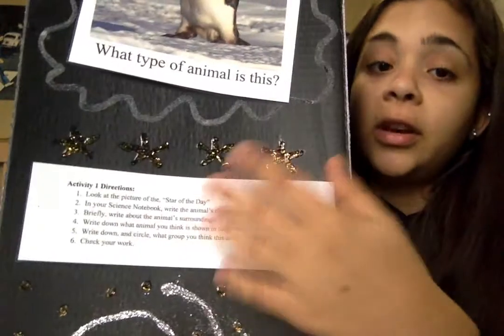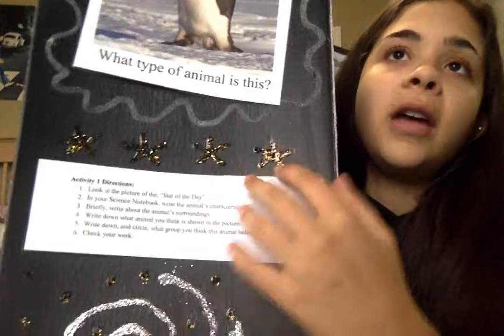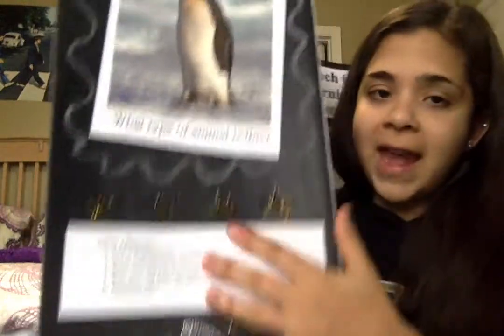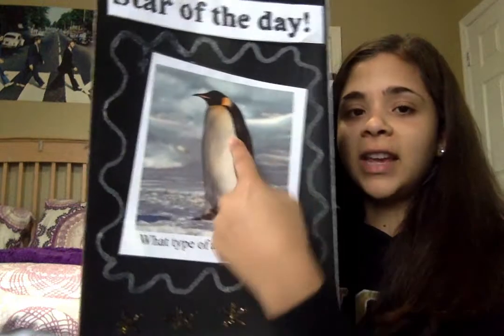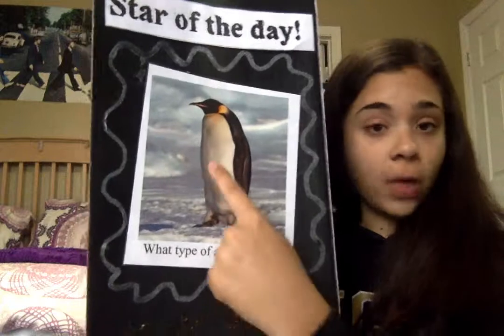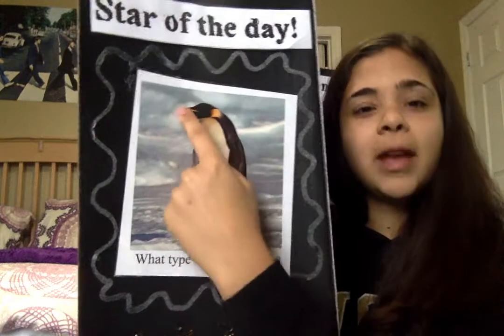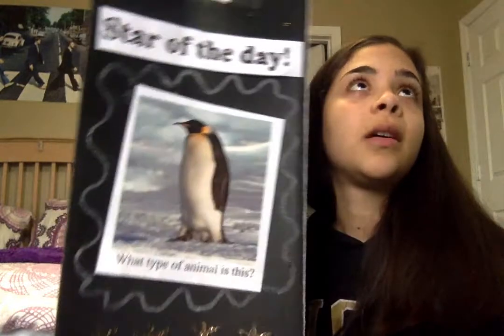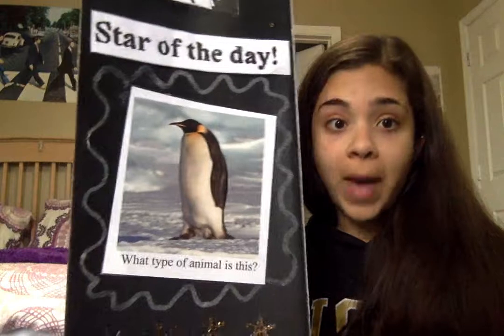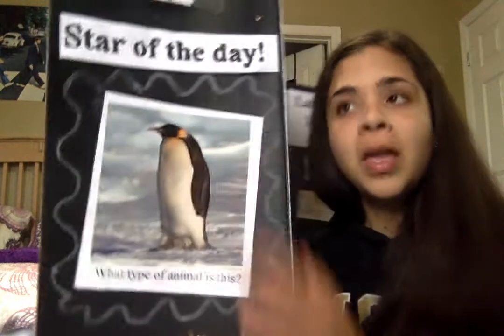This is specifically good for ESOL and for ESE because it's more laid out. So what the students are going to do, I'm just going to read off the directions, is they're going to look at this animal and point out all of the characteristics. So let's see, it has a beak, it has webbed feet, it has feathers, it has wings. Then they're going to think together, what kind of animal group has all these characteristics? Oh, a bird. So that is another guessing game that they're going to play together.